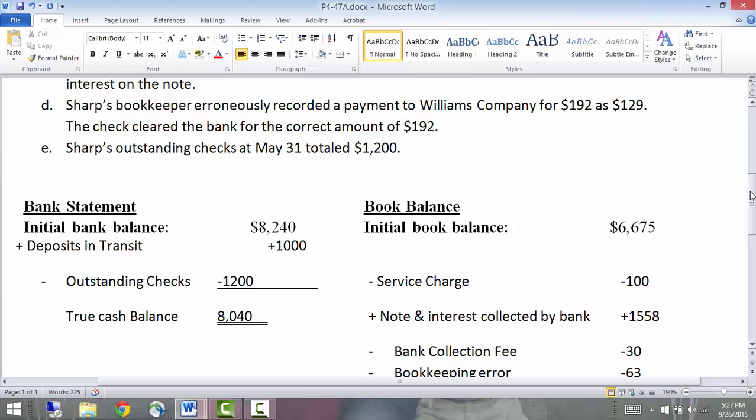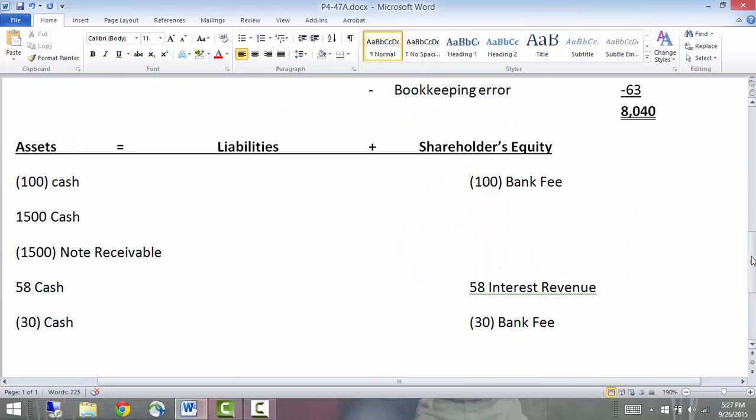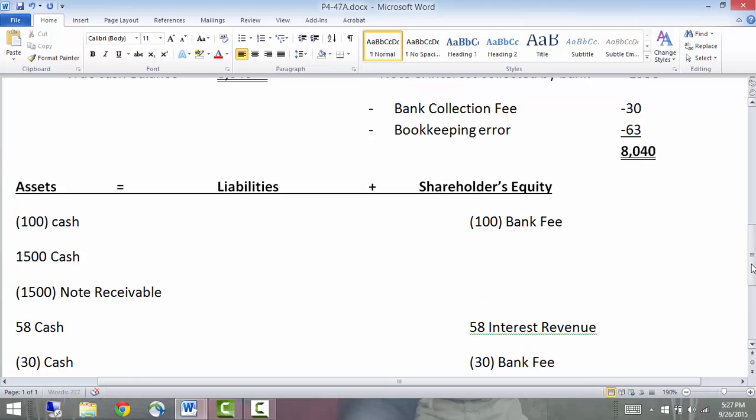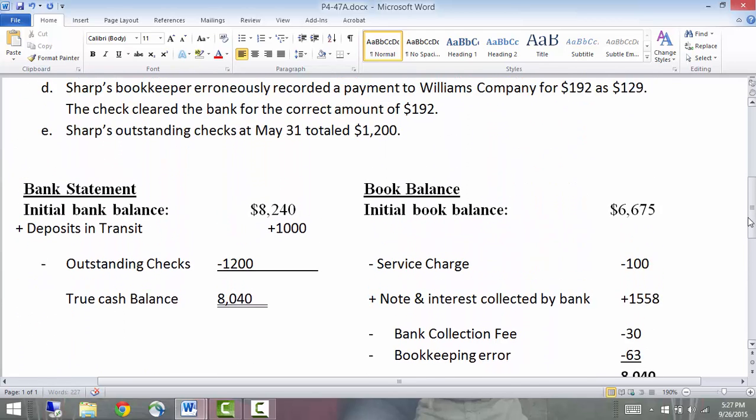So now we have to go in. When she previously did it, she recorded cash going out of $129 when we really had cash going out of $192. So we need to go back and reduce our cash by the difference, $63 cash. And we have to have our accounting entry balanced. So we have to have something that will balance this.